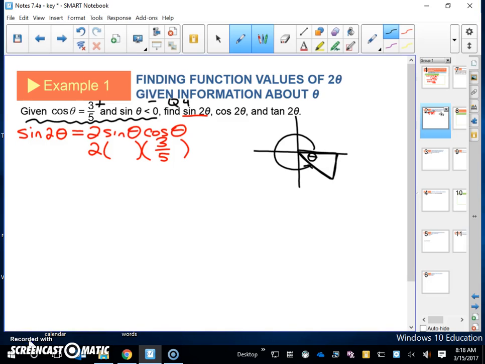So they gave me the cosine ratio. The cosine ratio is x over r, so that's 3 over 5 right there. I'm going to do Pythagorean, and you've seen it enough times to know that that's going to be a 4. But in the 4th quadrant, the y numbers are negative, so that's a negative 4.